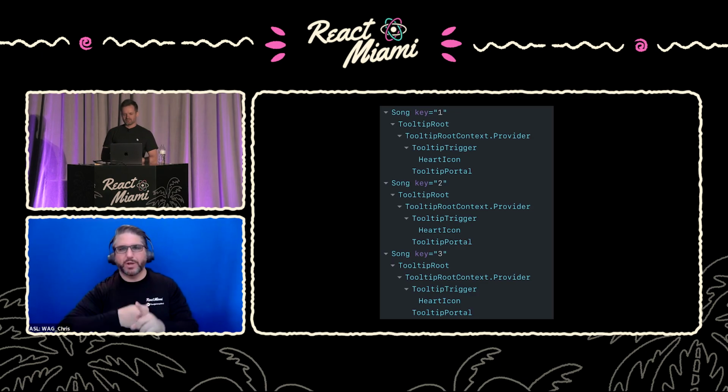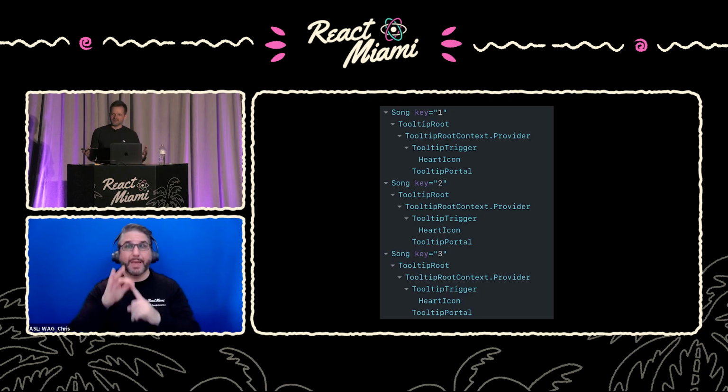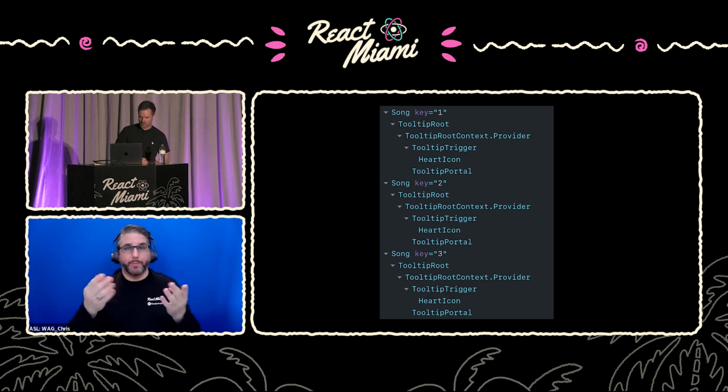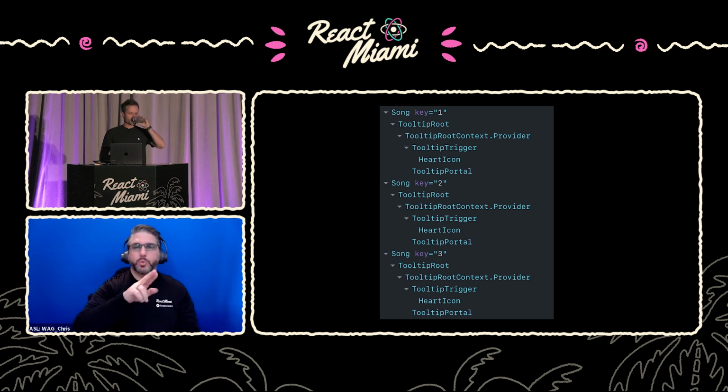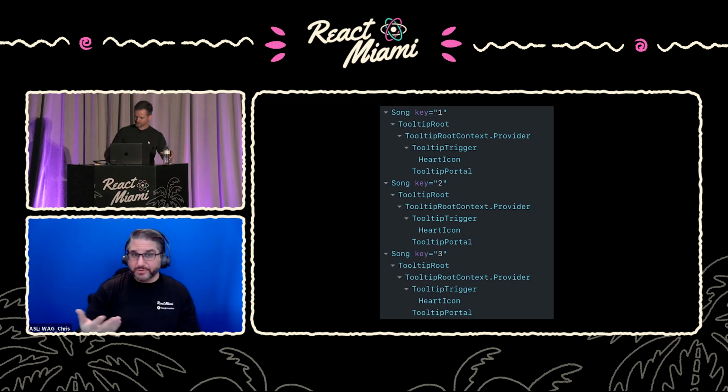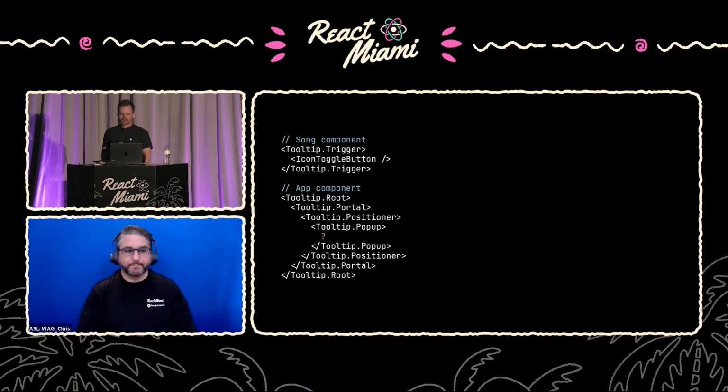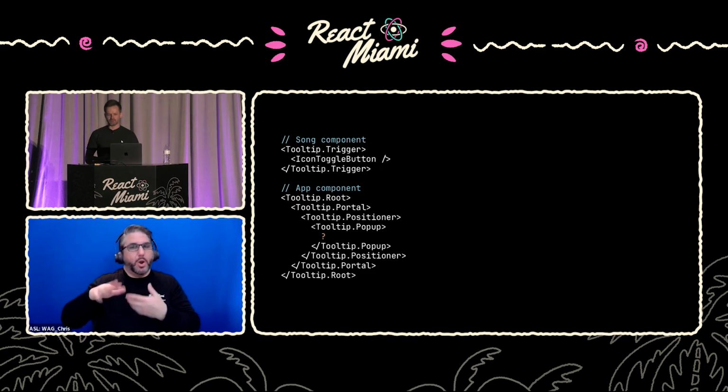So this looks quite inefficient, especially if you consider that you can have only one tooltip open at a time. So wouldn't it be nice if we could define all these common parts just once, closer to the root of the application? So a song component could have just the trigger, and all these triggers could reuse the same pop-up.